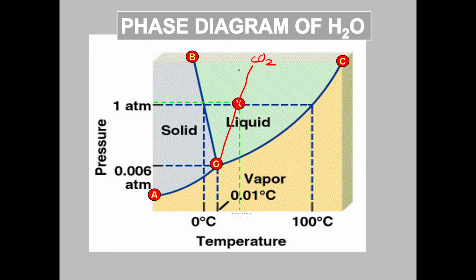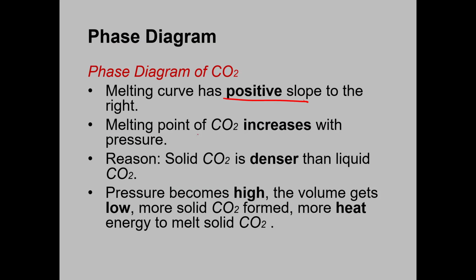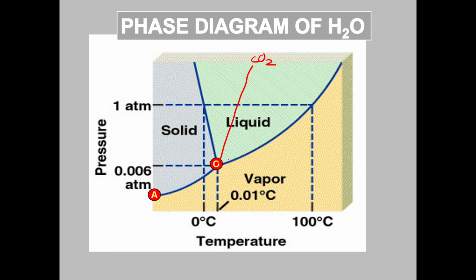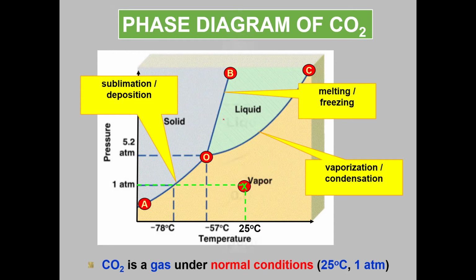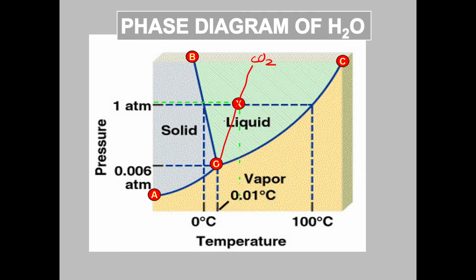Okay, where the melting point of CO2 increases with pressure. Okay, and solid CO2 is denser than liquid. As you increase the temperature, the pressure also increases when it changes from solid to liquid.